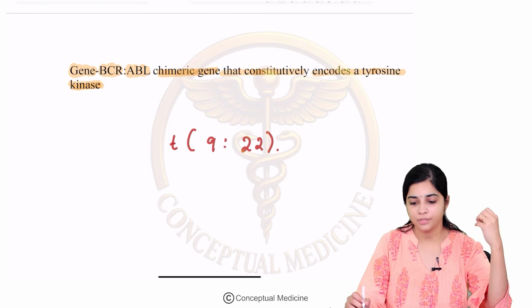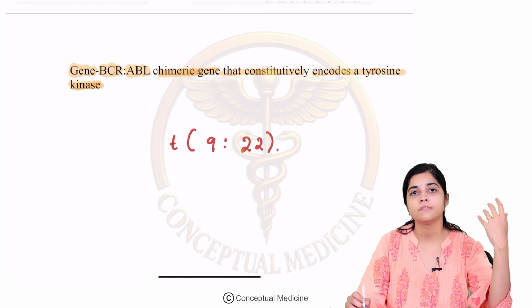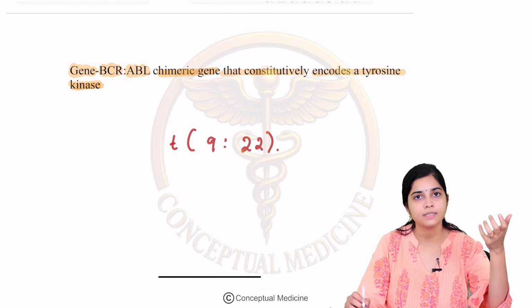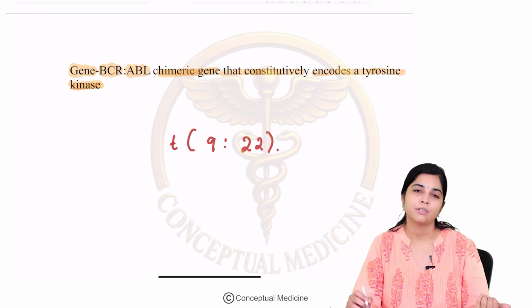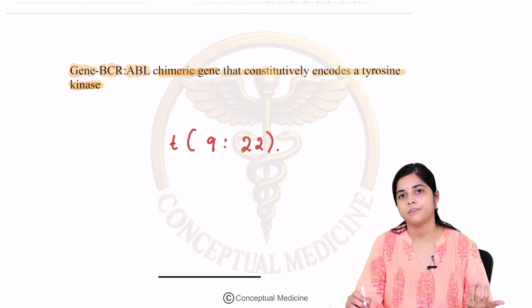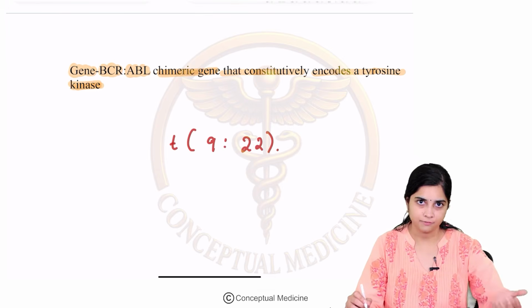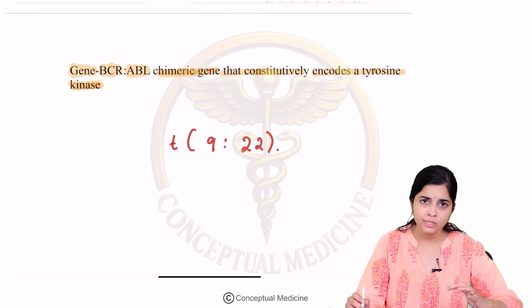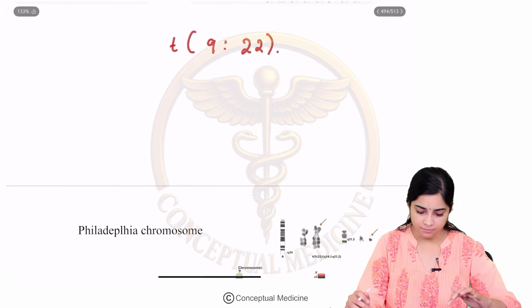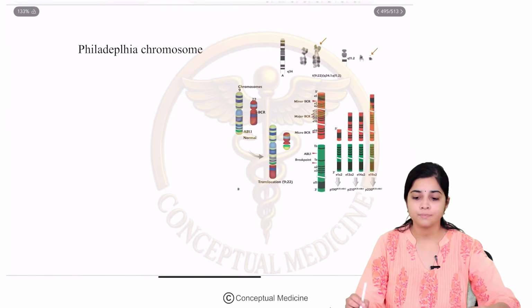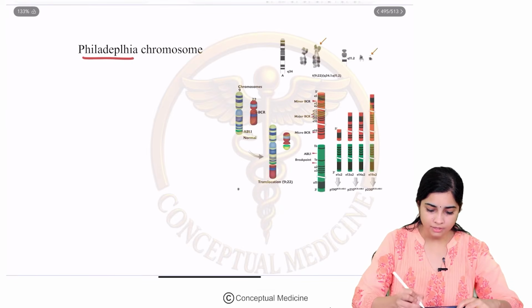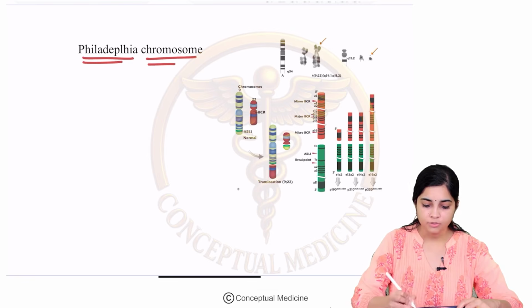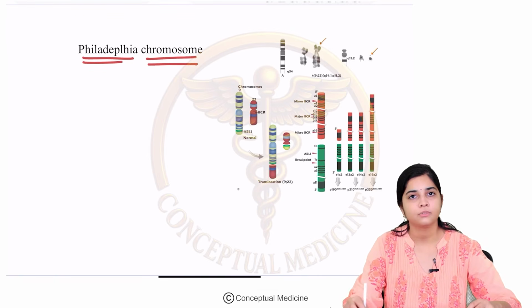Once this mutation happens, there is constitutive expression of a tyrosine kinase, and hence increased activation of the cell and increased proliferation of the stem cells. Let us understand that in a little more detail. This particular chromosome is known by a specific name, the Philadelphia chromosome.